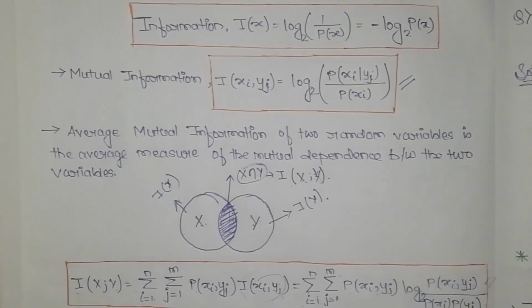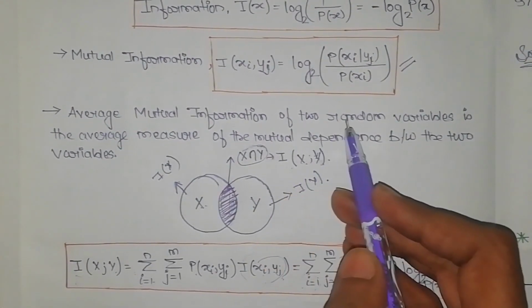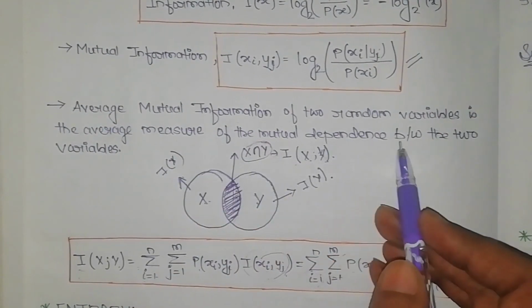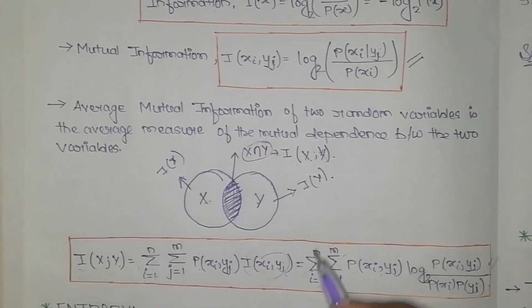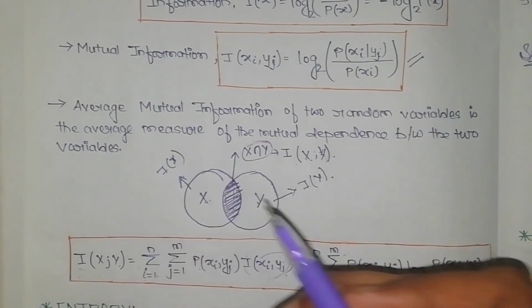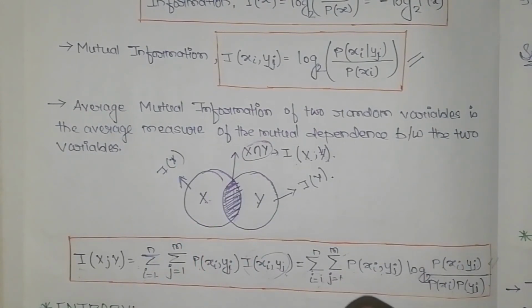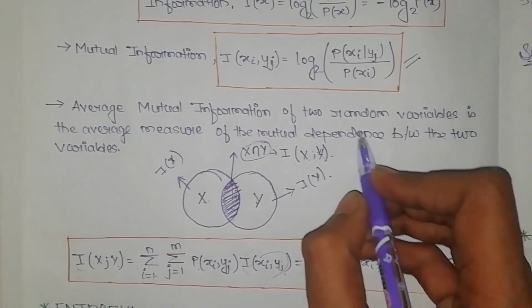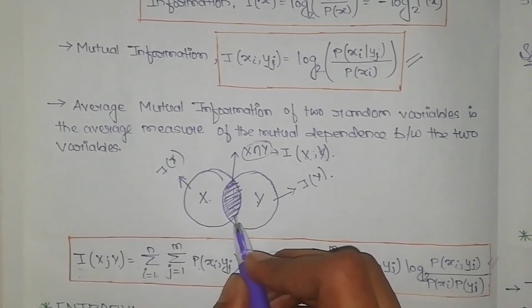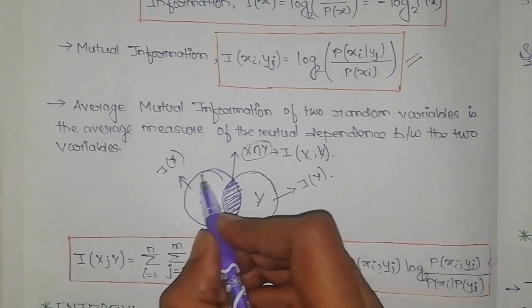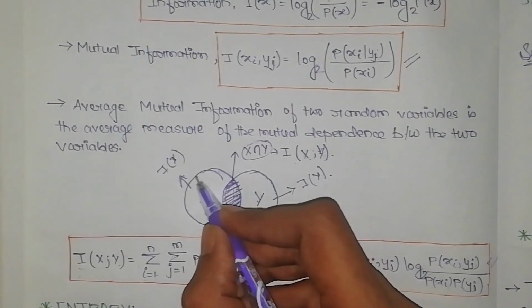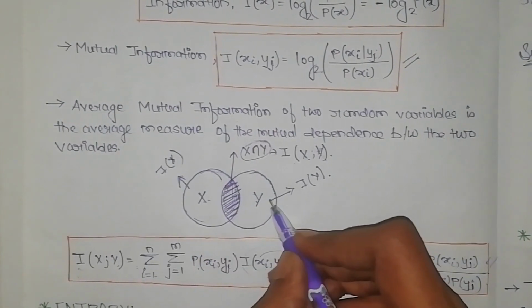Average mutual information of two random variables is the average measure of the mutual dependence between the two variables. It is nothing but the average measure of the information, the dependency between the two random variables, say x and y. It can be represented by a Venn diagram. We have two random variables x and y.